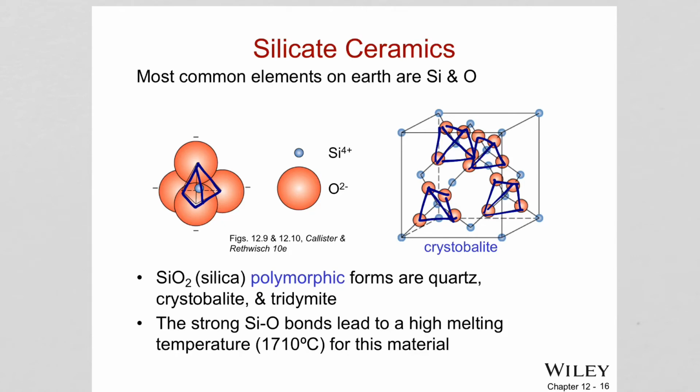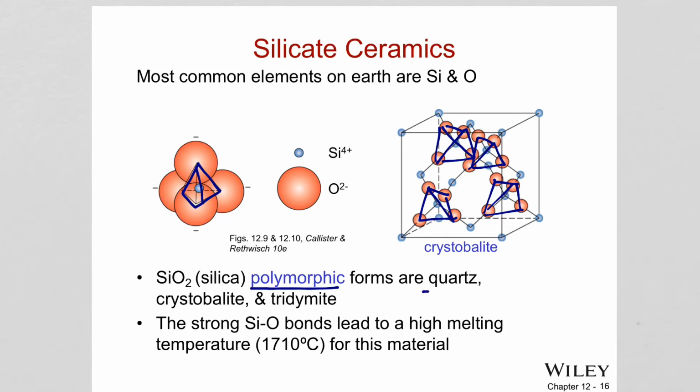They can arrange in a crystal structure in an order, or they can be amorphous. Amorphous means they might not have an arrangement at all. That being said, silicon oxide can have different types of crystal structures depending on how these tetrahedrons are arranged. So that's why it is called polymorphic. It can have different crystal structures.